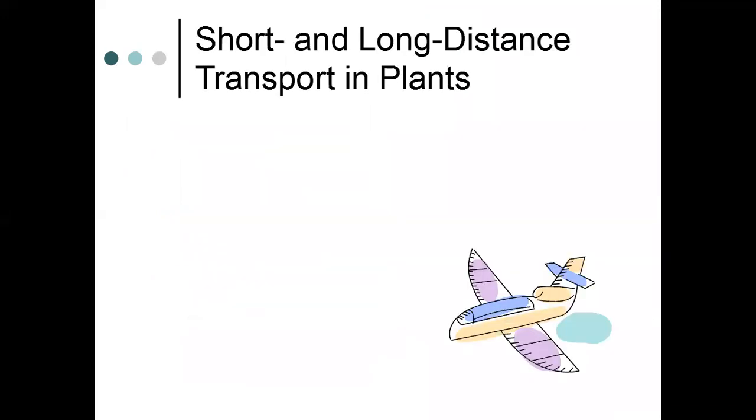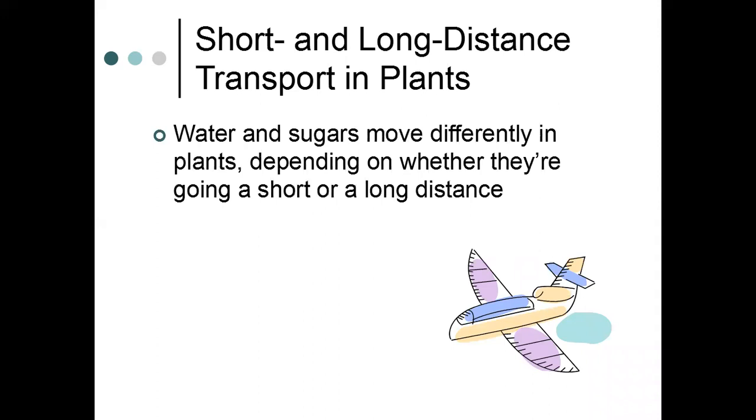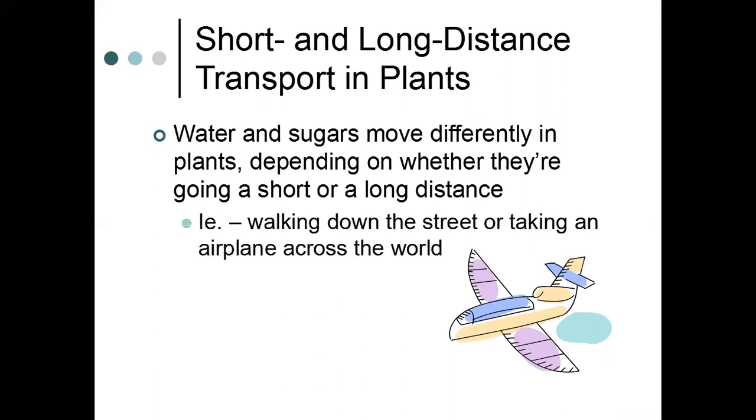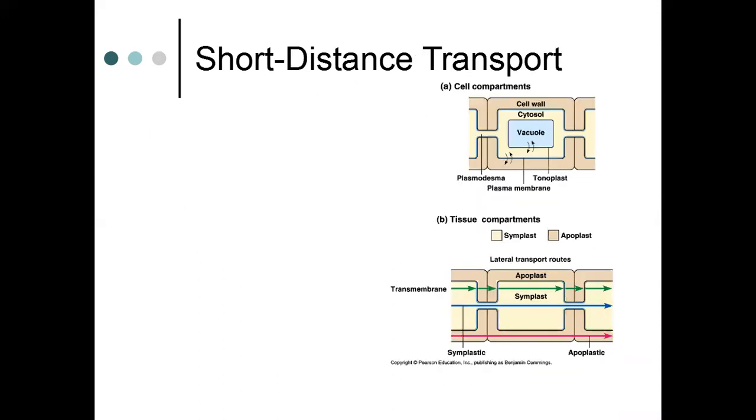Short and long distance transport in plants. Water and sugar move differently in plants depending on whether they are going a short or long distance, for example walking down the street or taking an airplane across the world.